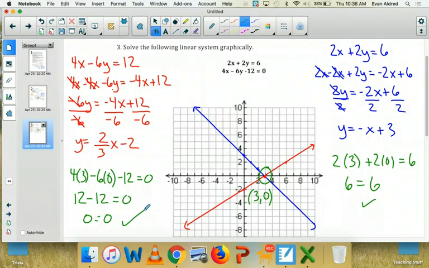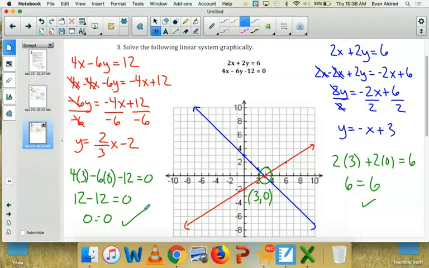All right, and the nice thing about this is it's the same format to solving every single linear system graphically. You put it in the form y equals mx plus b, put it in a form that you can graph, so you have to do some algebra to do that. You plot each line, being extremely careful to make sure that the lines are plotted accurately. You extend your lines because you don't know where they're going to intersect.